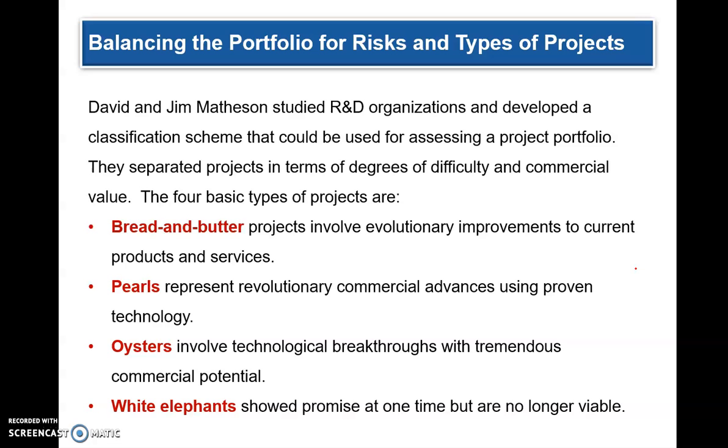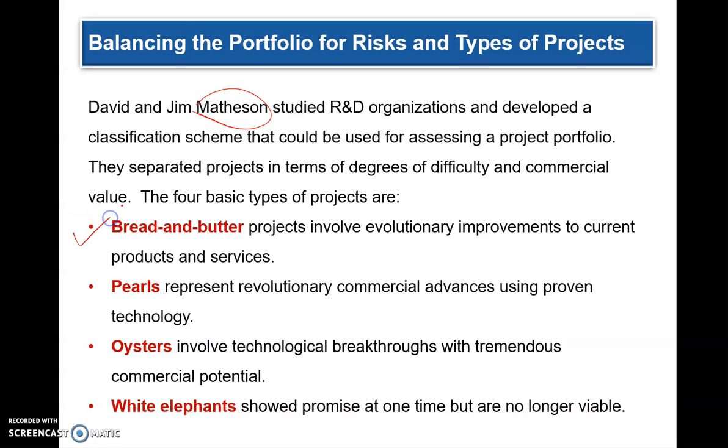When you want to balance the portfolio for risks and type of projects, there is a classification scheme. The 4 basic types of projects, according to Matheson, are bread and butter projects. These are evolutionary improvements to current products and services.